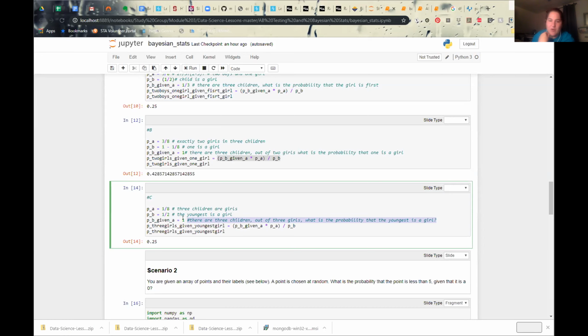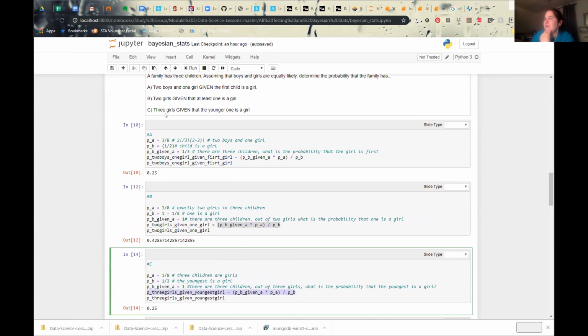Since all 3 of them are girls, there's a 100% chance that the youngest is a girl. And then this is Bayes right here, and you end up solving and getting a 0.25 chance that there are 3 girls given that the younger one is a girl.